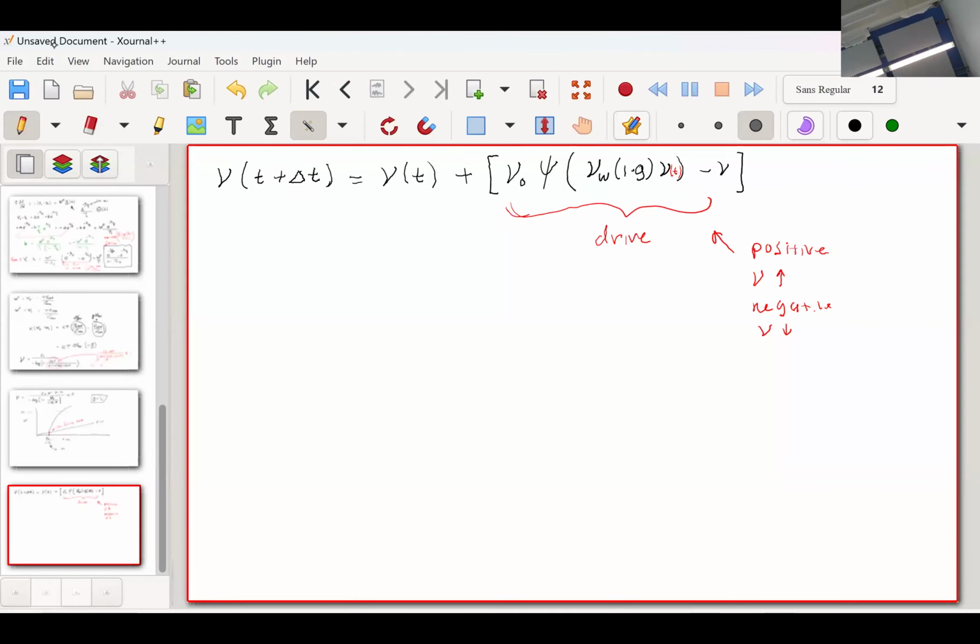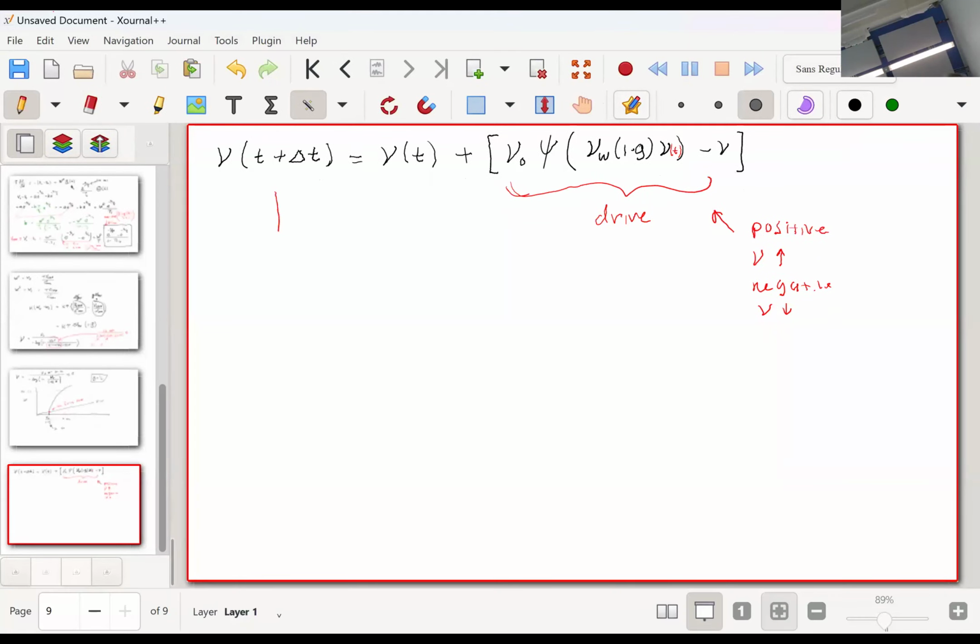We're going to approximate this quantity, which is very common, as a Taylor expansion. This is nu of t plus delta t d nu dt. Okay, that equals nu of t plus the term in brackets.